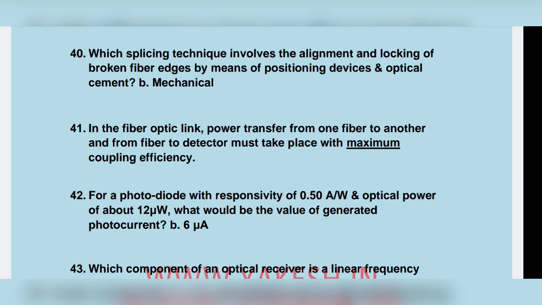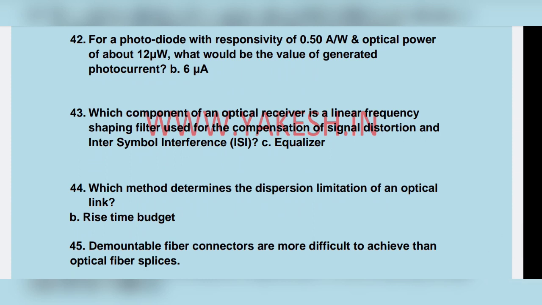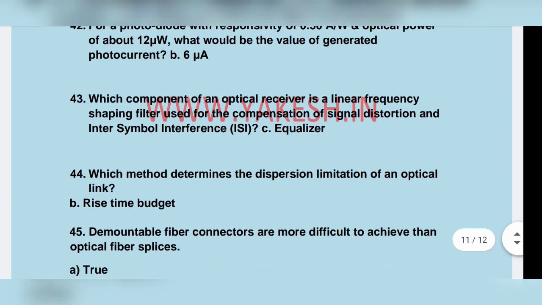For a photodiode with responsivity of 0.50 A/W and optical power of about 12 nW, what could be the value of the generated photocurrent? 6 nA. Which component of the optical receiver is the linear frequency shaping filter used for the compensation of distortion and intersymbol interference? Equalizer.